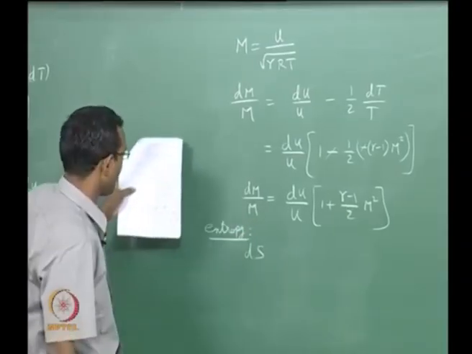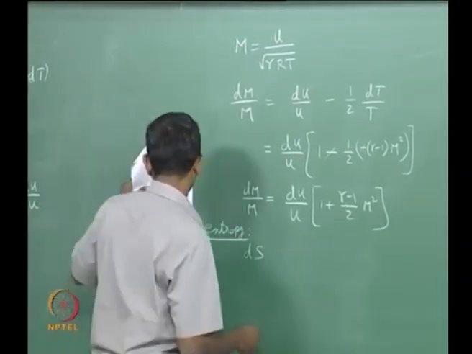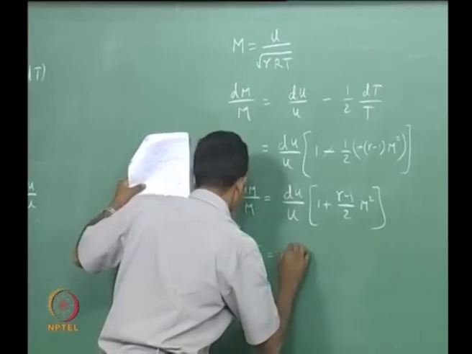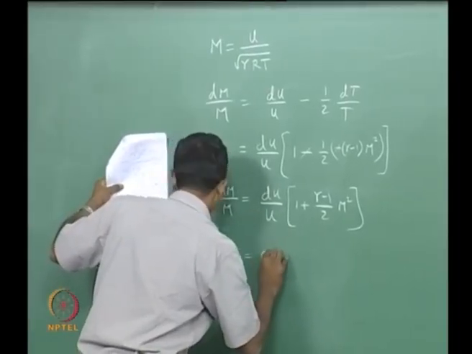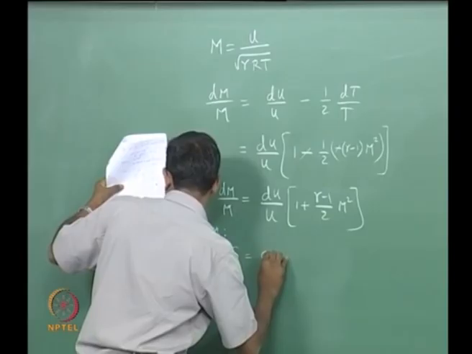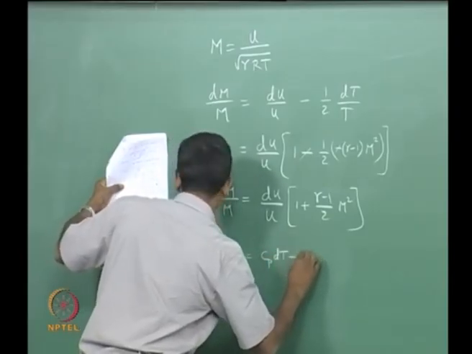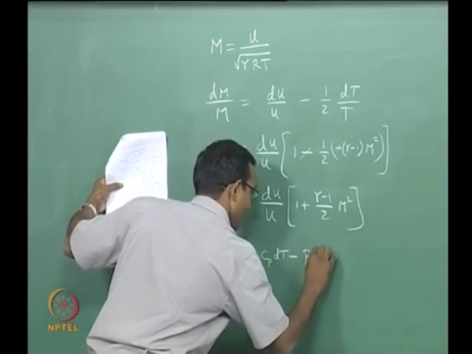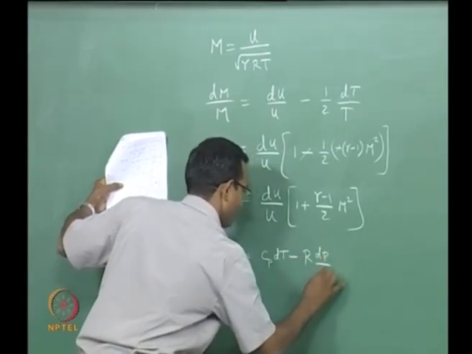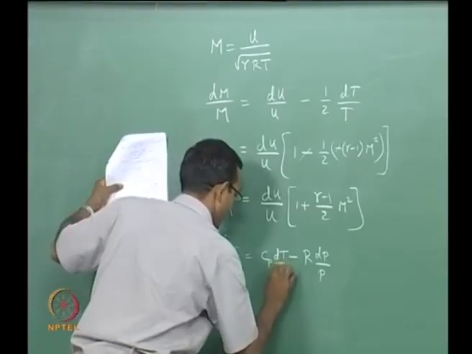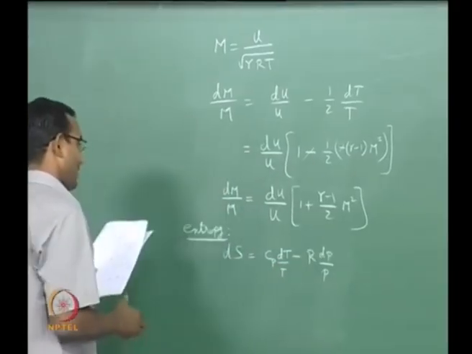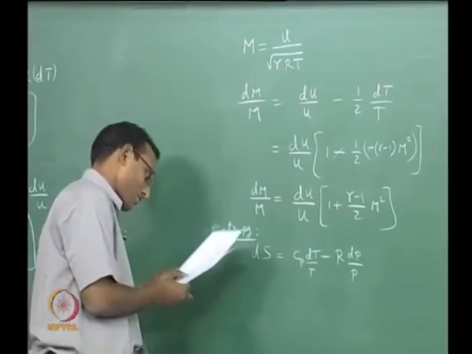Okay. Entropy, ds is equal to, we have so many forms, I will write a form that is convenient for me. Cp dT by T minus R dP by P. Okay, actually it should be dT by T. I will write it like this. You can bring it to this particular form.